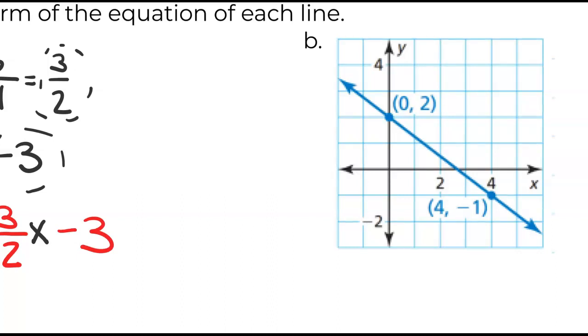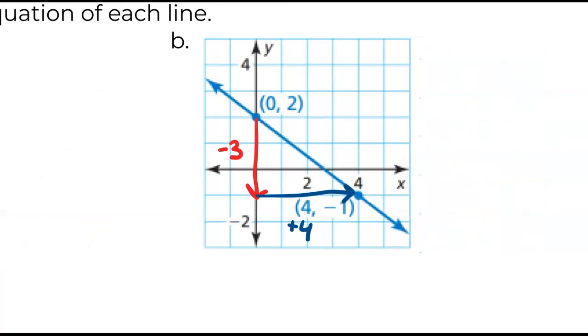So we count down 3, so that's -3, and we count over 4. So we would write our m value as -3/4. Again, that can't be reduced at all. So we're there, just a halfway answer.